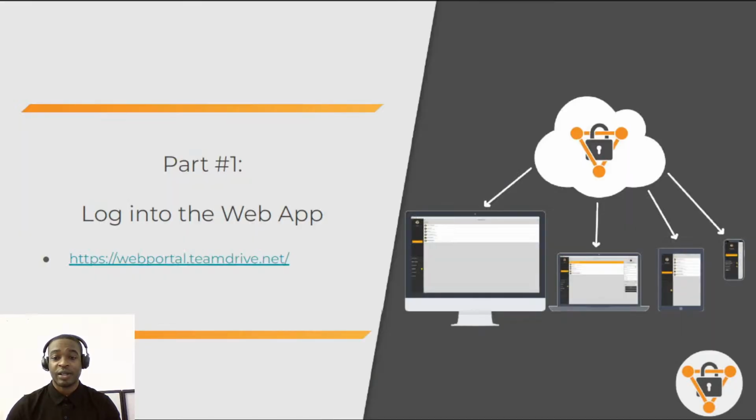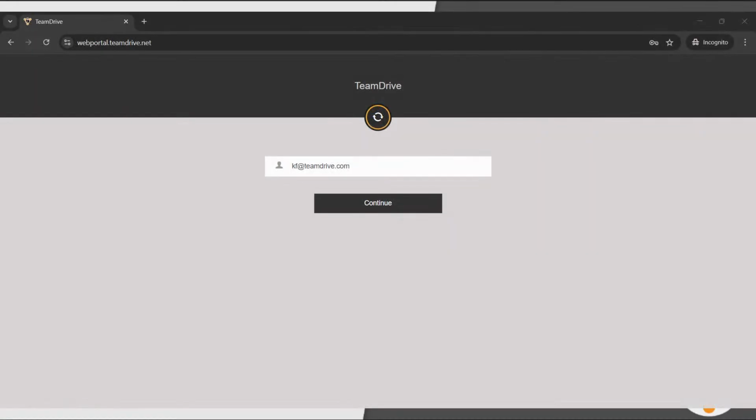Part one, logging into the web app. I'll open up my browser window so we can log in. Okay, I've already entered my username and I'll go ahead and log in.